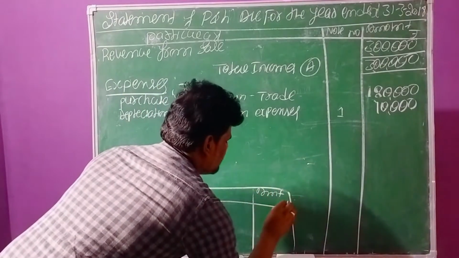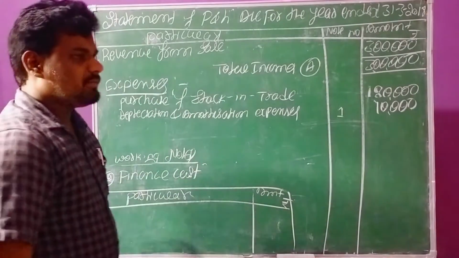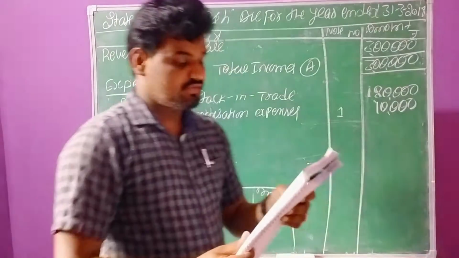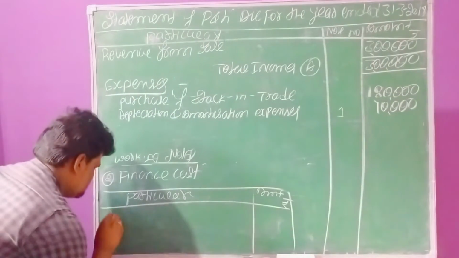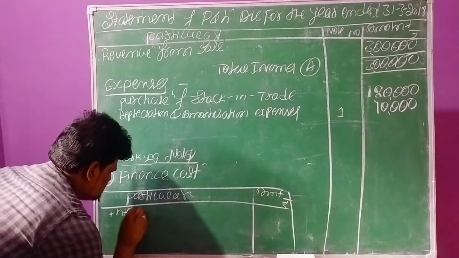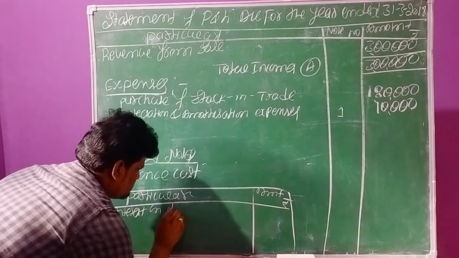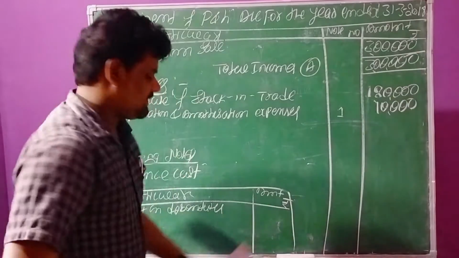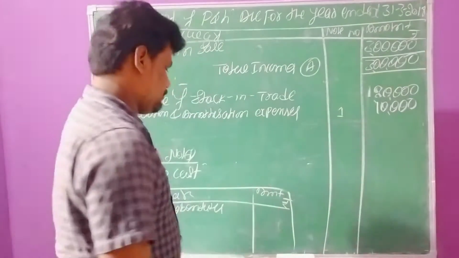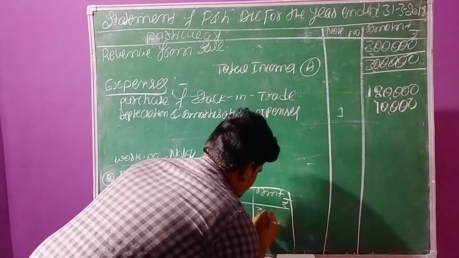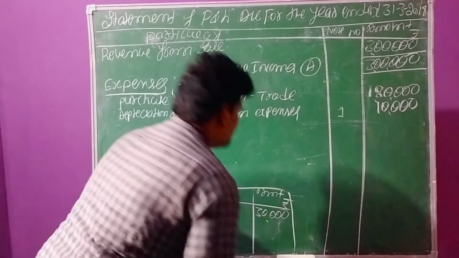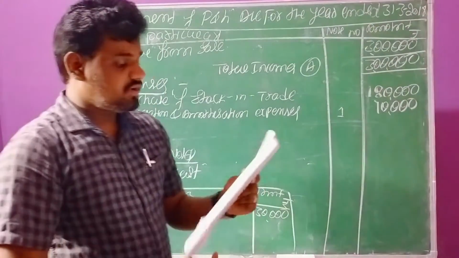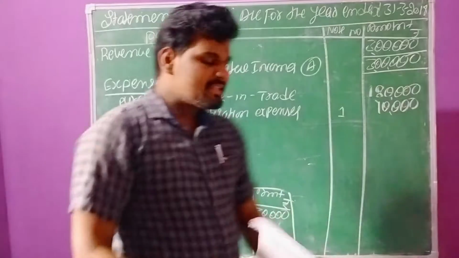Particulars and amount. And then we have to record both the transactions. First one is interest on debentures, they have directly given rupees 30,000. Next one, interest on borrowings, rupees 20,000.